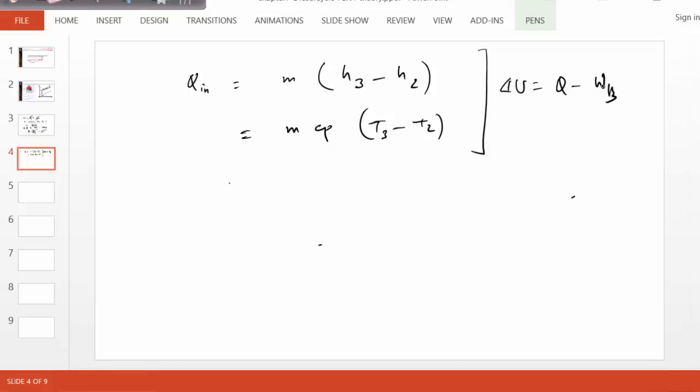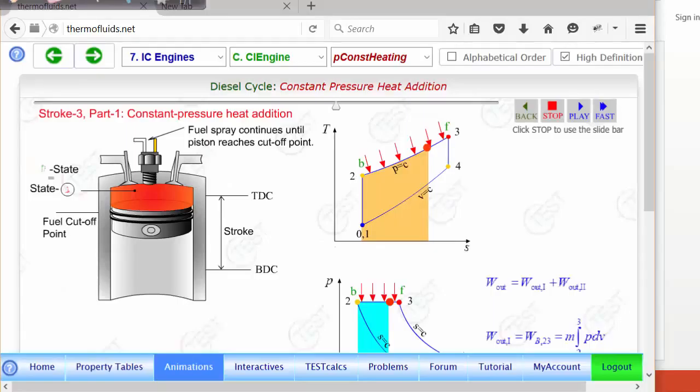In other words, work and heat are both transferred during the heat addition process, and therefore this becomes a better formula to use. Knowing how much heat is added, one can find T3, or knowing T3, one can find how much heat is added.